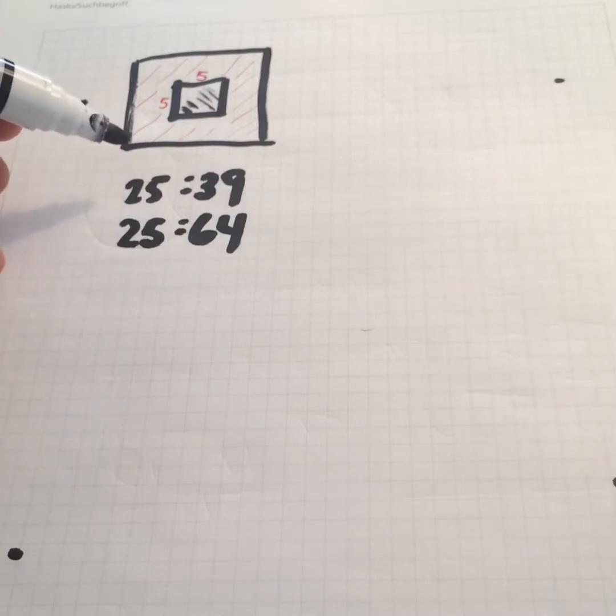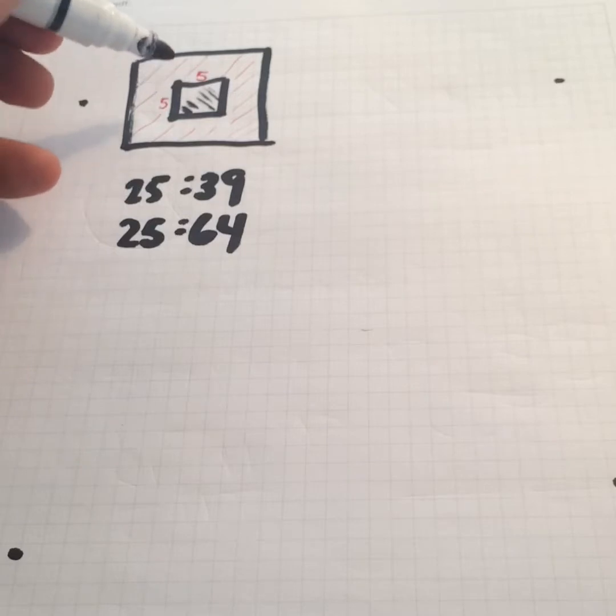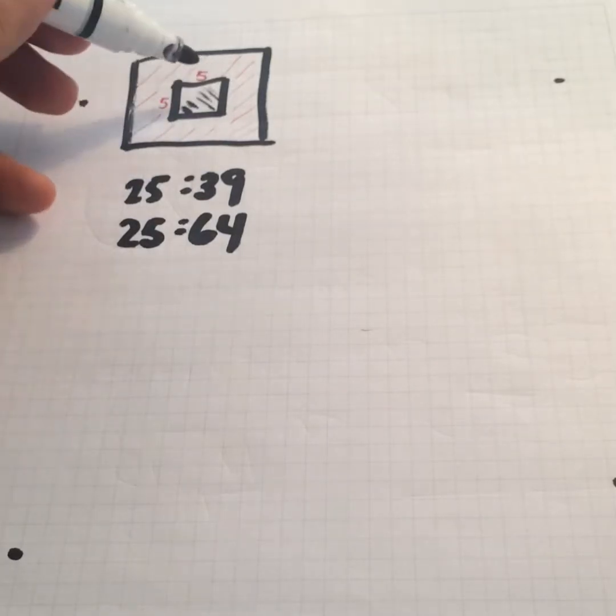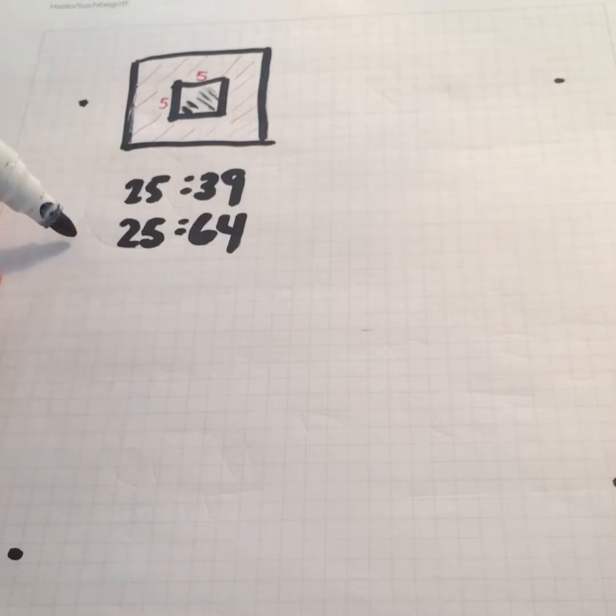And what that tells us then is we can add 25 and 39 and recognize that the small square in proportion to the large square is in a very handy 25 to 64 relationship.